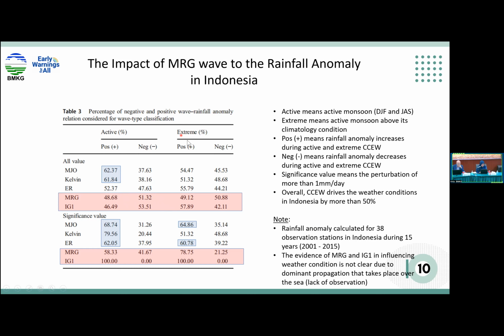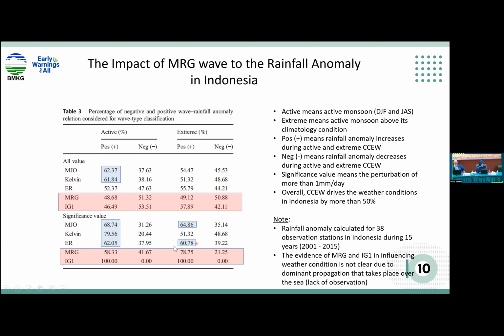And this is extreme. I quite forget because it has been a long time ago. But in general, the mixed Rossby-Gravity wave influences the positive anomaly and also the negative anomaly in the Indonesian region for approximately more than 50%.